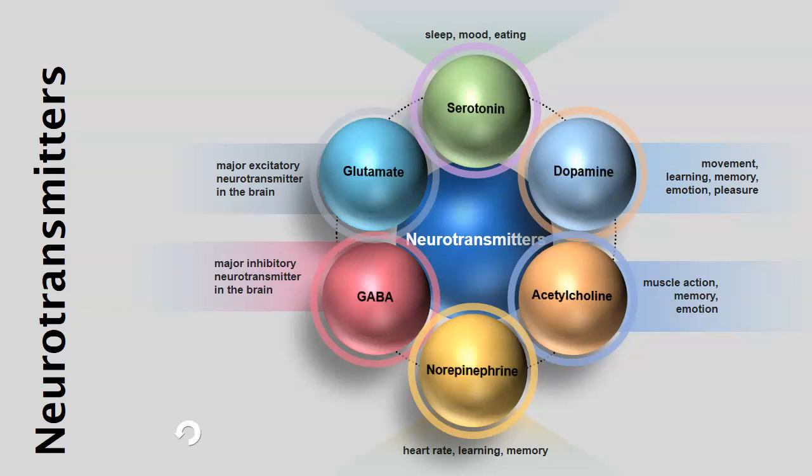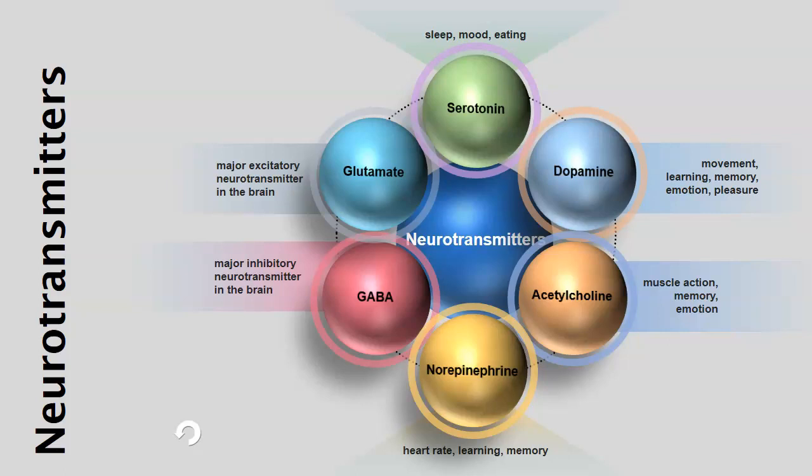Dopamine, on the other hand, is involved in voluntary movement, attention, learning, memory, emotion, pleasure, and basically how people respond to novelty as well. Dopamine has been implicated in Alzheimer's and has been connected to schizophrenia as well.